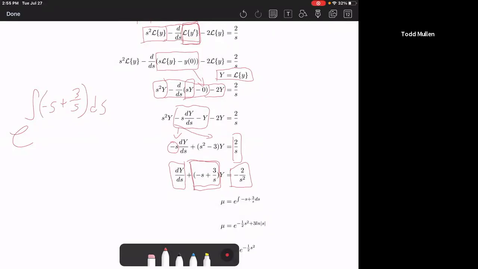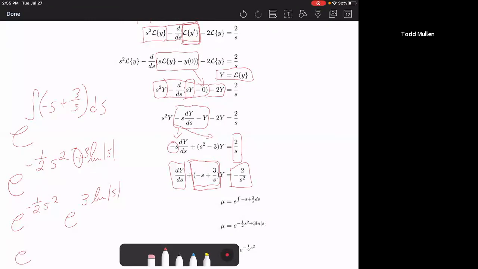Well, that becomes e to the power of negative 1/2 s squared plus 3 ln s. But now this plus inside of a power means we can break them up. So it's e to the negative 1/2 s squared times e to the 3 ln s.